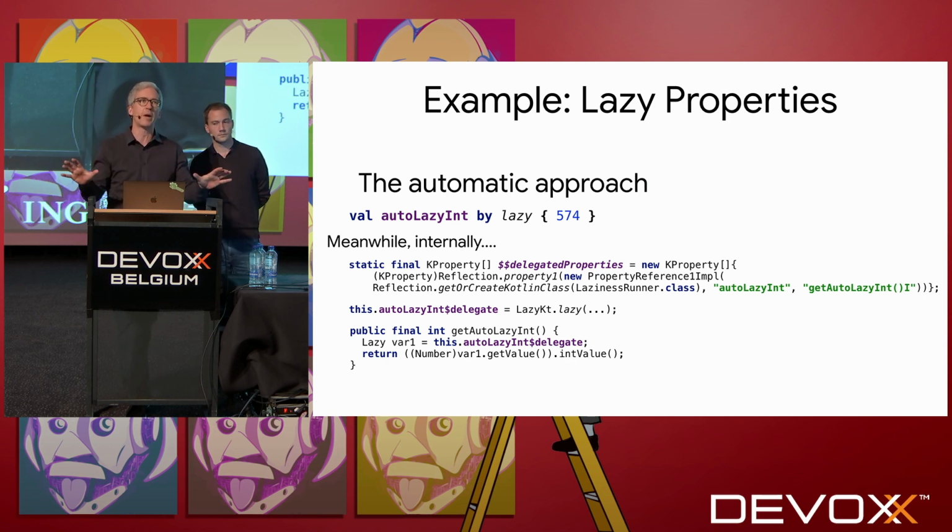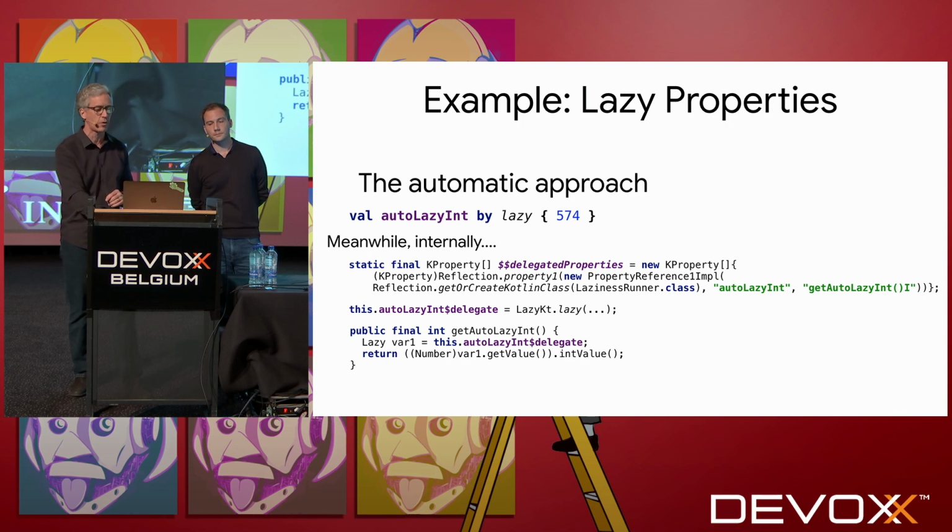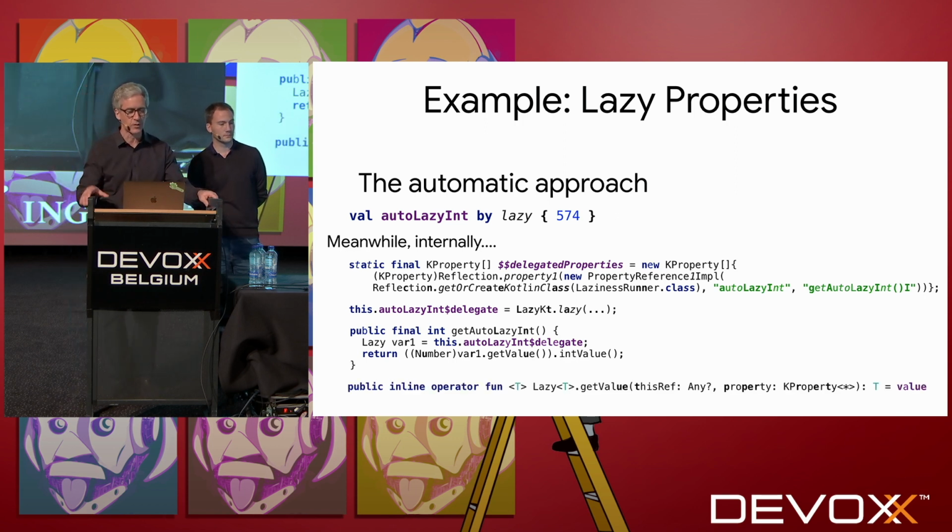That is a very general mechanism that it can back off to for some property delegate situations, but they're a little more clever than that in the compiler, and they specialized it and said, okay, well, here's an extension method that we'll use instead. So if somebody calls getValue on a lazy object, then instead we're just going to return the underlying value. So it doesn't use reflection, it uses the extension method instead, so all of that's good.